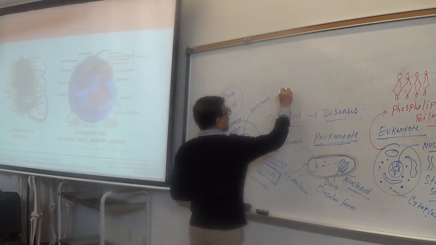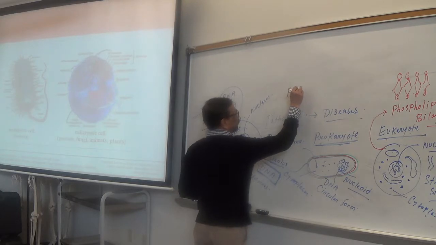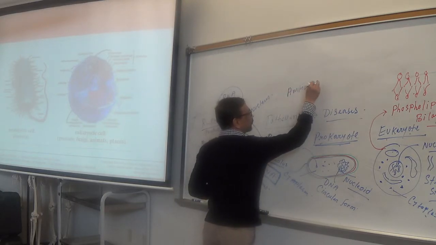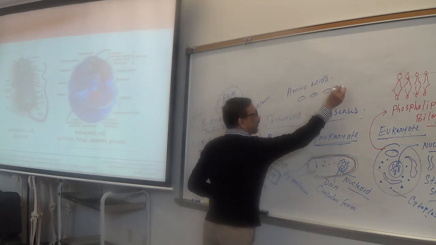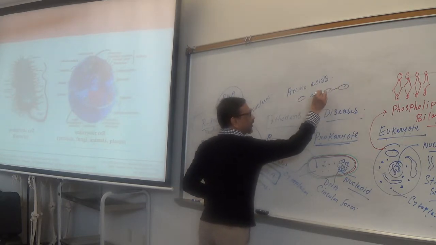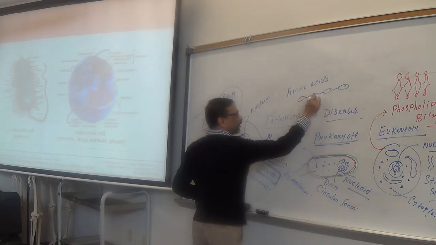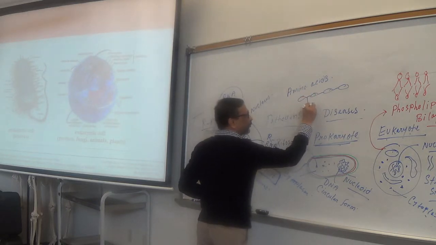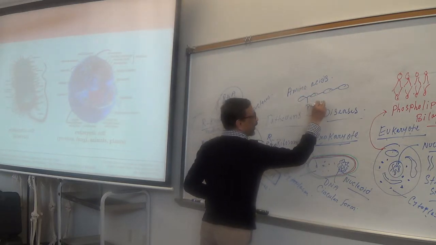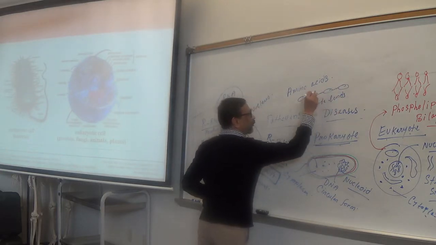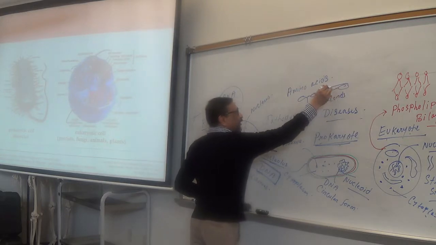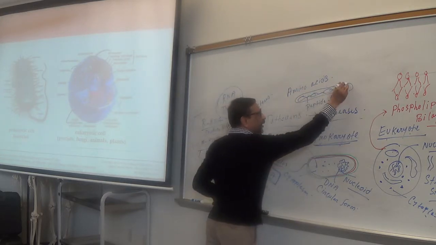So, amino acids. Right? These are amino acids. What happens? The amino acids get together, join together by peptide bonds. These are peptide bonds to form a protein chain, protein molecule. Okay?